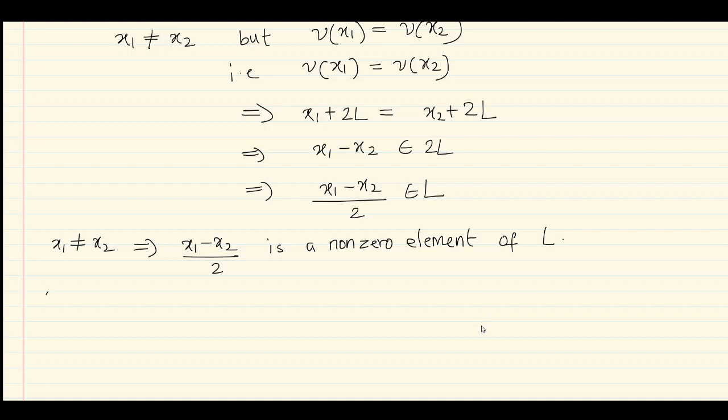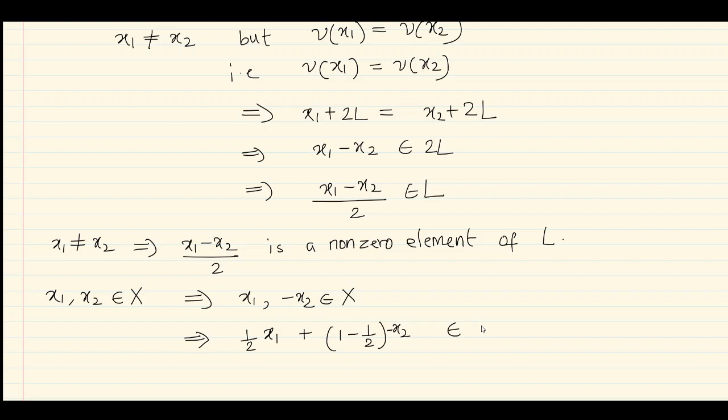Now we already have that x1 and x2 are elements of X, and we have that X is symmetric. Since X is symmetric, minus x2 is also an element of X. Also, X is a convex set. So half of x1 plus (1 minus half) of minus x2 is also an element of X, since X is convex.